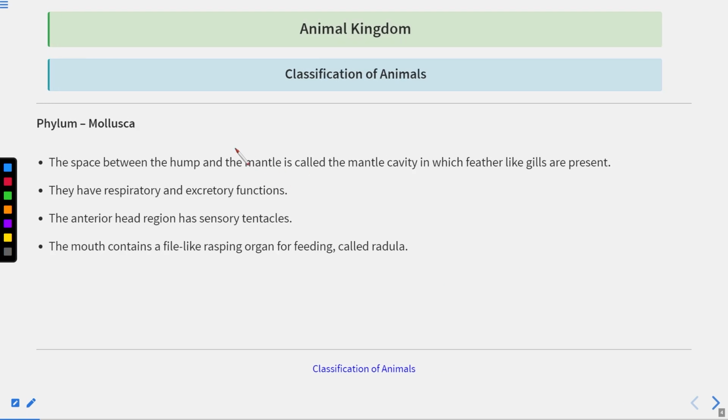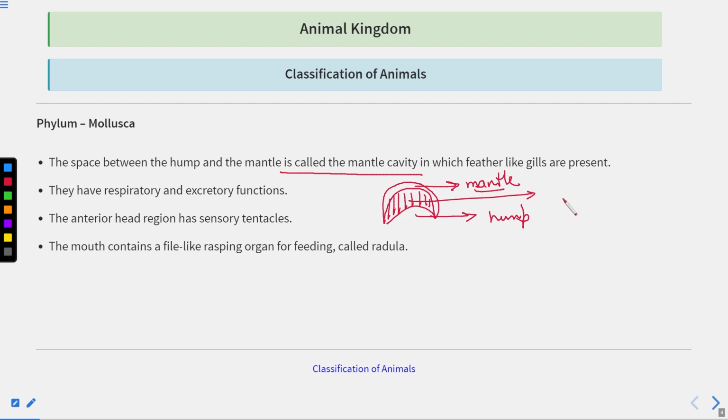The space between the hump and the mantle is called the mantle cavity. So there is a hump region, and over this there is a mantle. This is the mantle, and this is the hump. In between this mantle and hump, this forms the cavity.